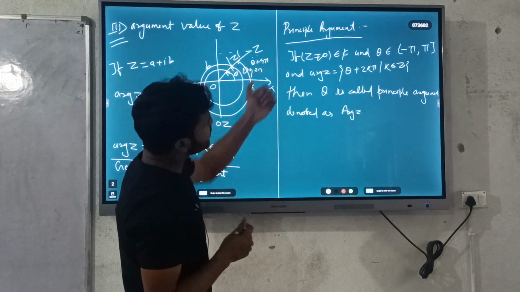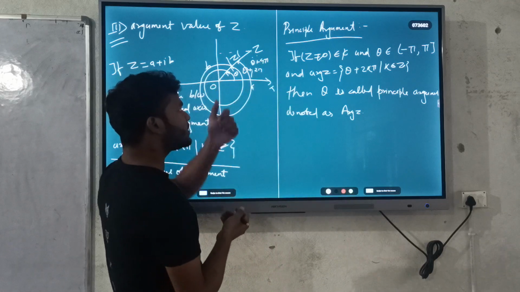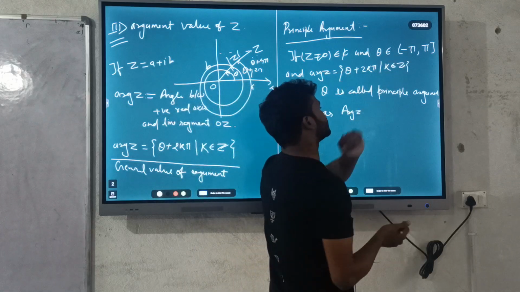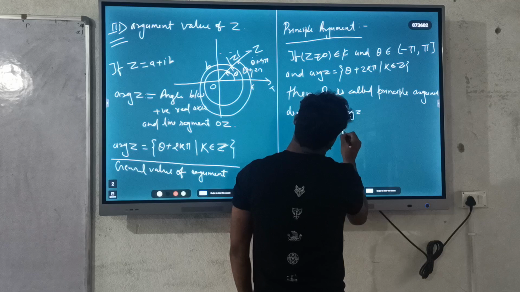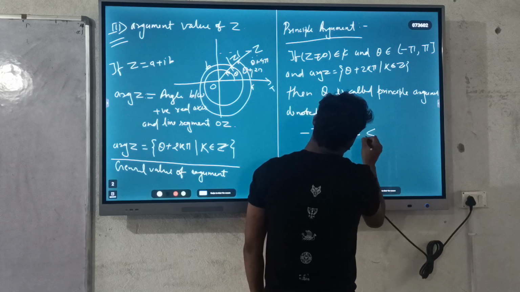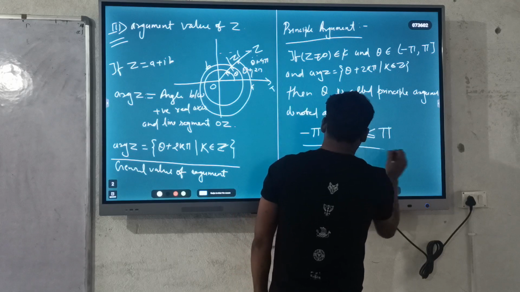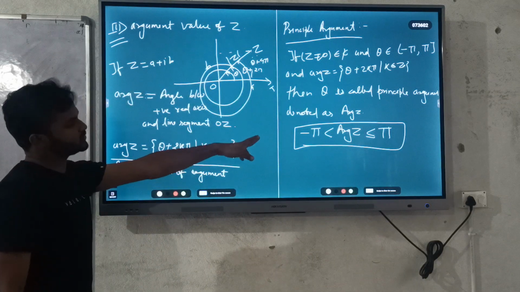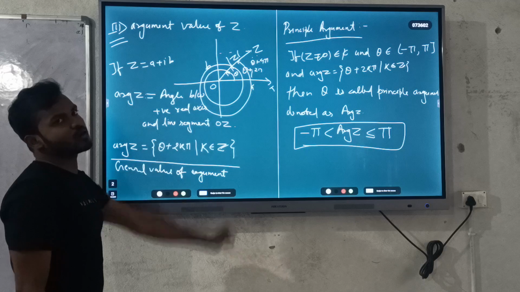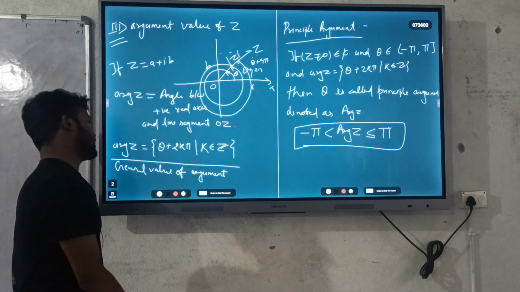So what is the principal argument? The principal argument is the value of argument such that theta belongs to minus pi to pi. So we have to remember that the principal argument lies in this interval. The value of argument that lies between minus pi and pi is called the principal argument.